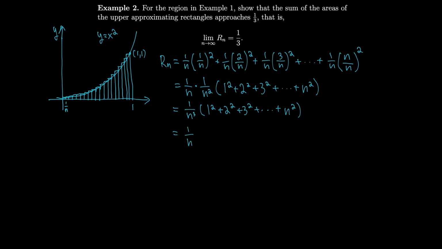And that formula says that it's n times n plus 1 times 2n plus 1 over 6 when you add it up, which ends up becoming n plus 1 times 2n plus 1 over 6n squared, because we cancel out 1n on top and bottom.